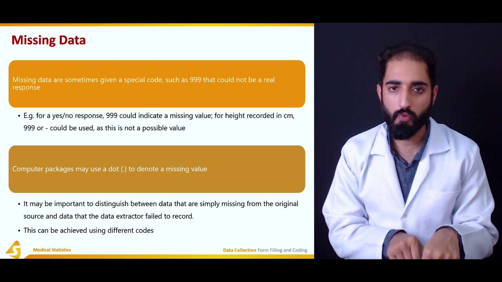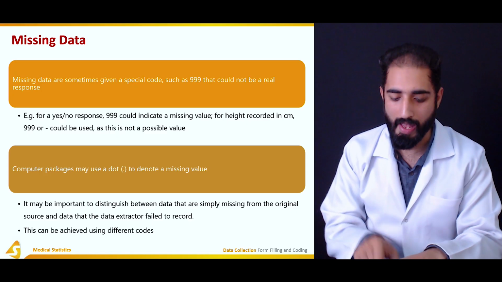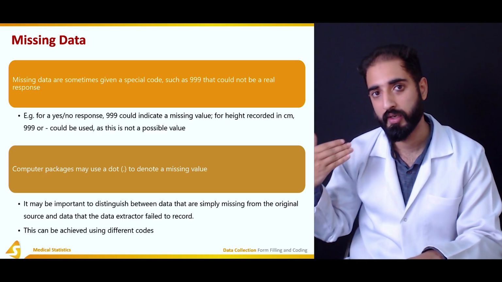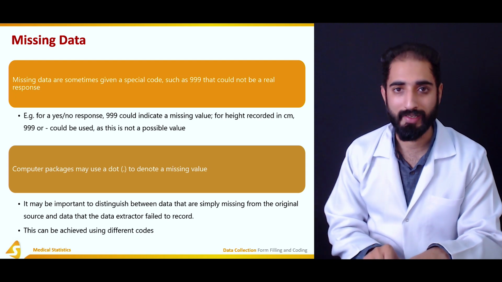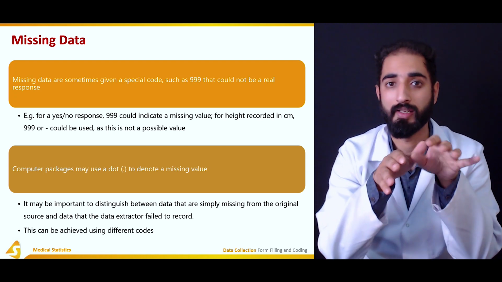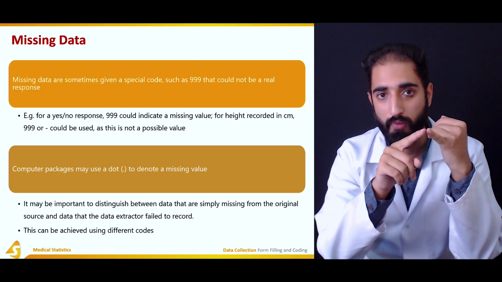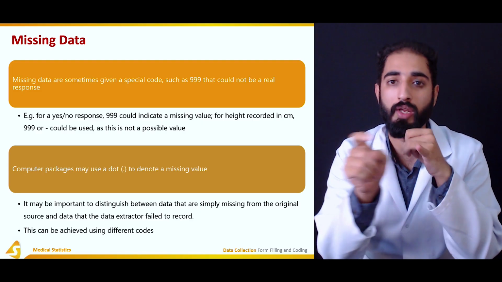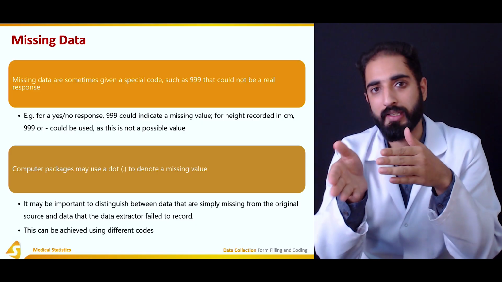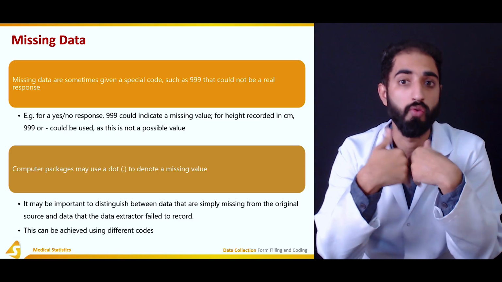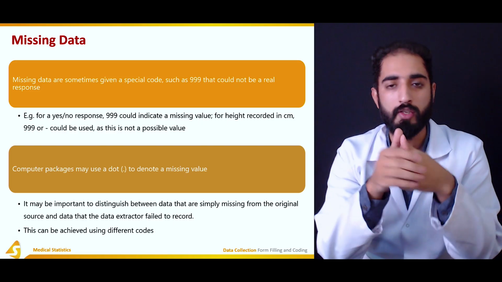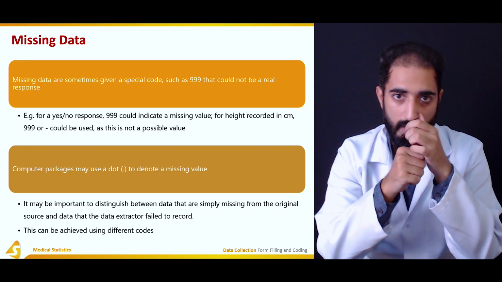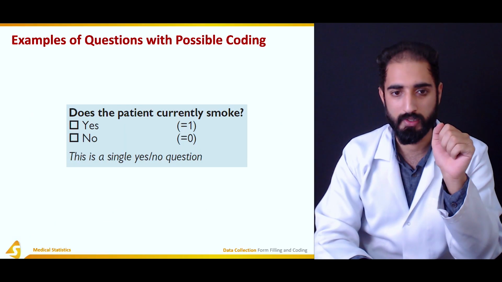And for someone who did not have that variable's value mentioned in his or her form, I would write 999. So when I look at the data, if there is a dot, it means I forgot to enter the data, and if there is 999, I know there was no data present in the form. I would be able to differentiate between them, and that is an important thing to do when we are dealing with missing data.